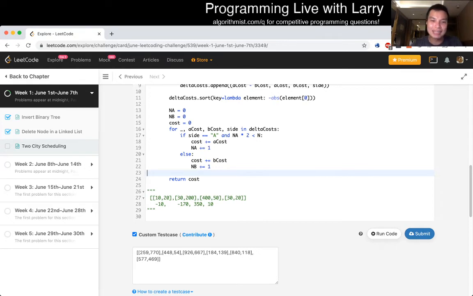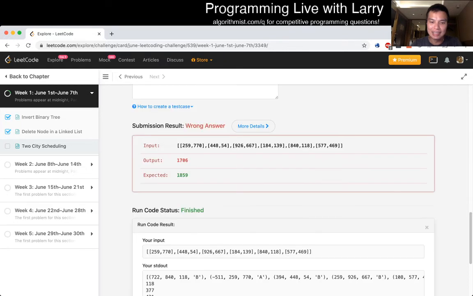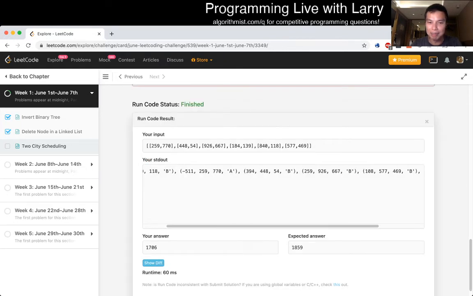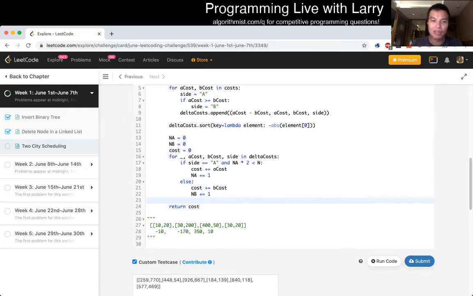What happened is that in this case, we do not check that nb is not less than half of n. So in this example, you notice that here's a b, b, b, b. It was still adding a number to b, and that's why we got a better, quote unquote, answer than we deserve.